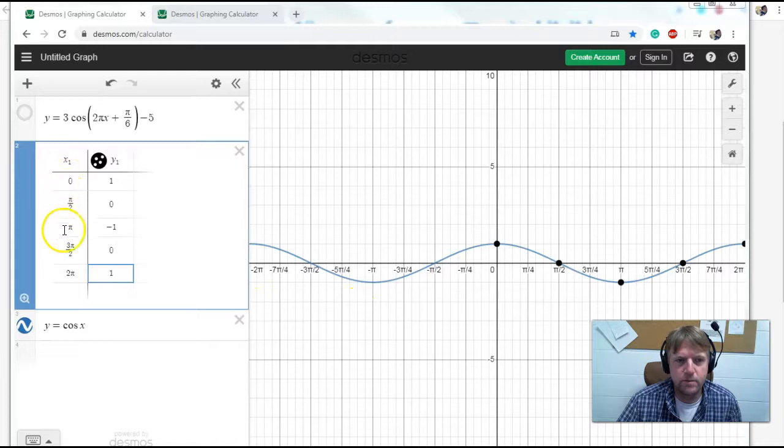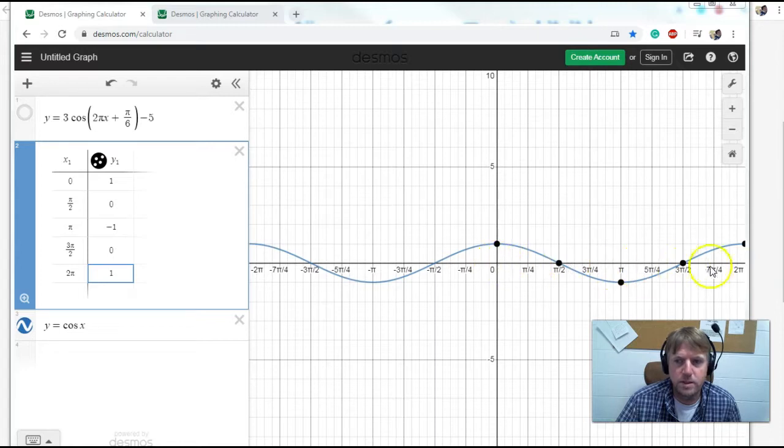Instead of making your way to the quarter points, like I start at the peak, I end at the peak, the midpoint is down below, and then the quarter and 3/4 points are on the midline. That's true. But another way you could do it is, you know that these are the 0 and 2 pi. Those are the endpoints of one period.